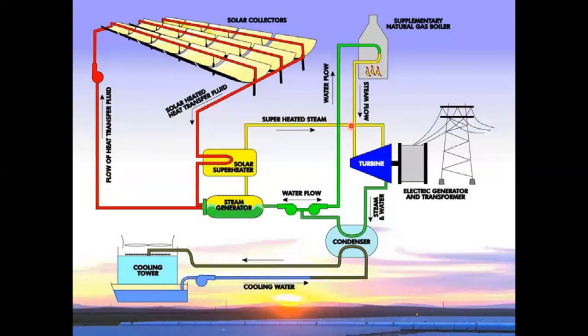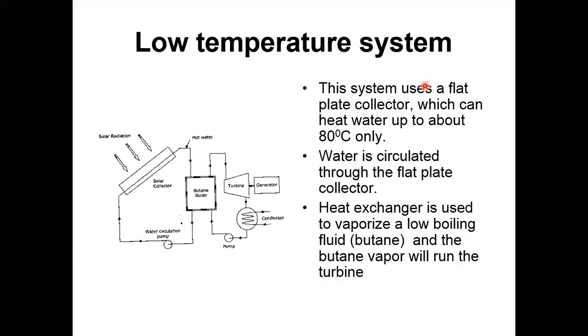From the superheated steam, it will go to the turbine, it will run, and we will get the electricity through the electric generator. And again, a condenser is there. The condenser we can use to cool the steam, that is vapor, and it will be sent to the cooling tower. So in this way, we can run the turbine by using the parabolic collectors.